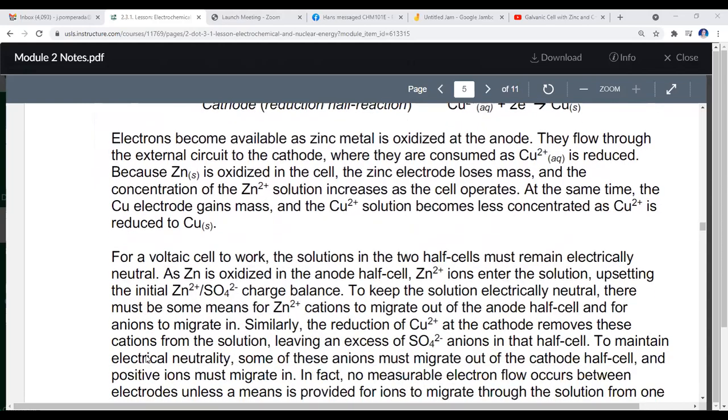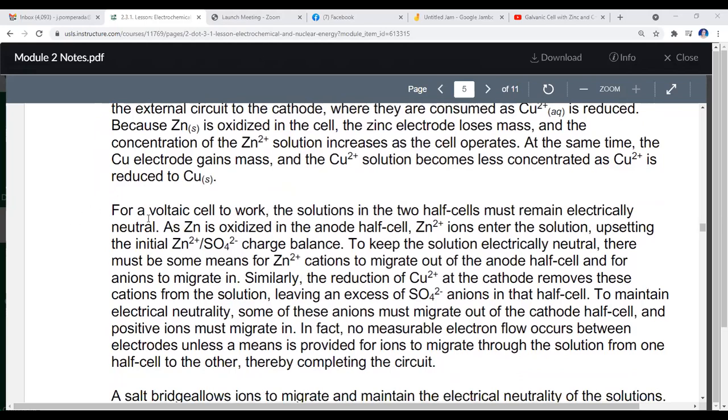Now, for a voltaic cell to work, I mentioned earlier that there should be no gain or loss of charge imbalance, so it's explained here. For the voltaic cell to work, the solutions in the two half cells must remain electrically neutral.